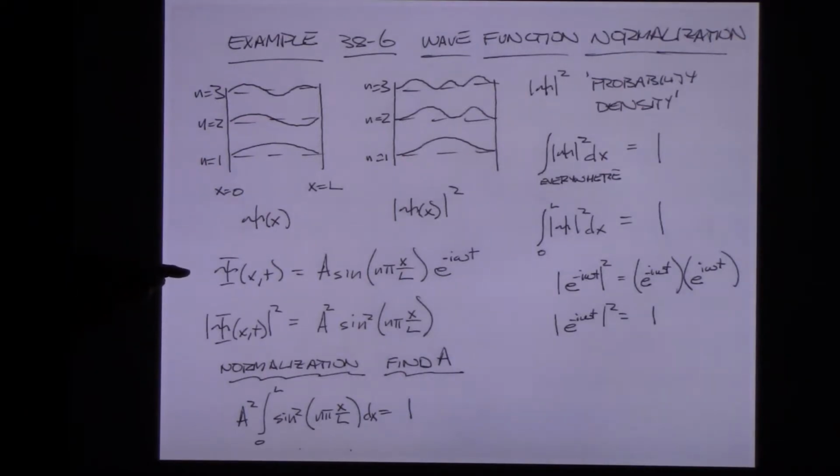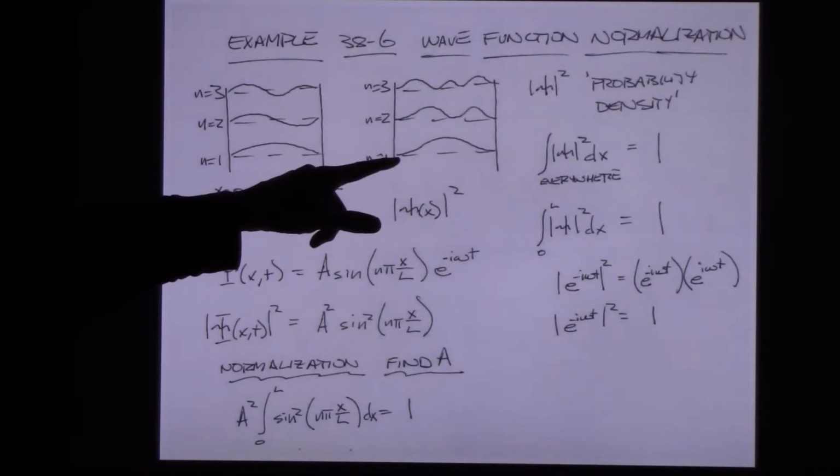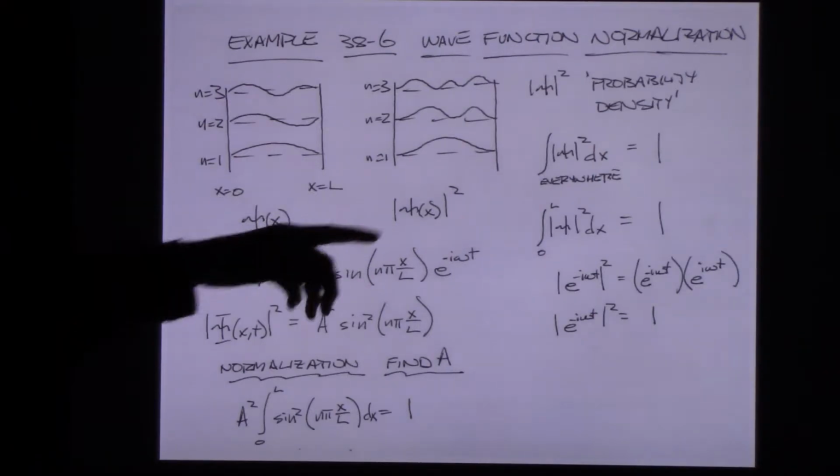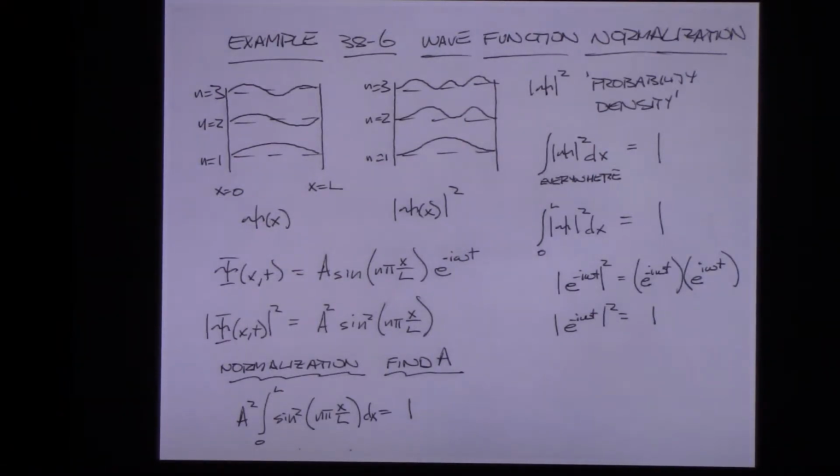So here's a general expression for the possible quantum states that we would have. The quantum states themselves look like sine functions, whereas the probability densities, the squares, look like sine squared functions.